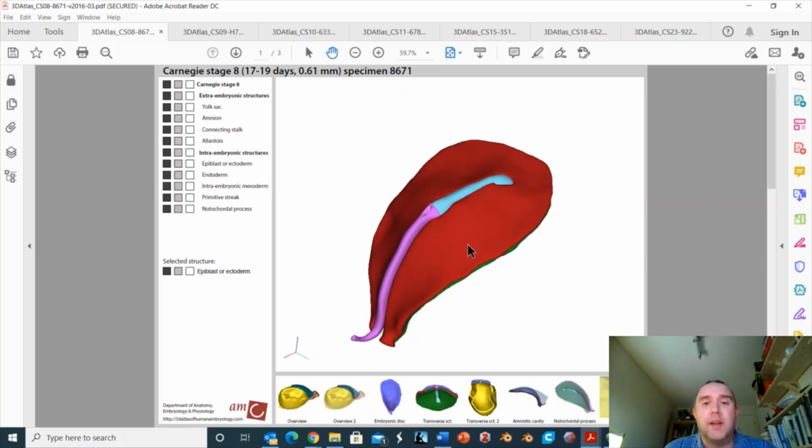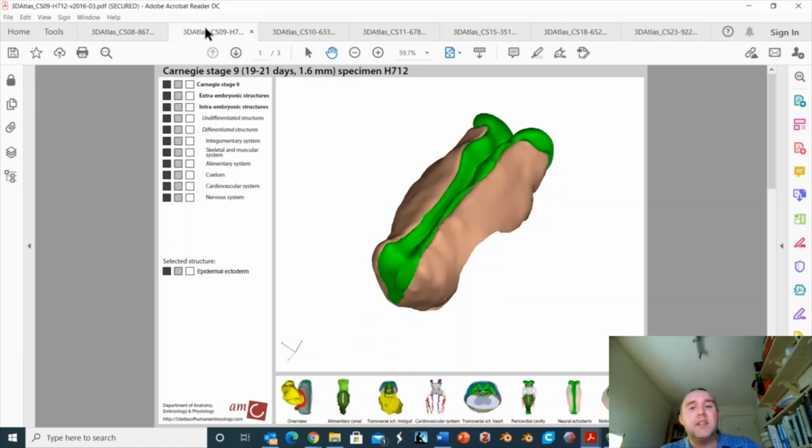So let's move on now a little bit. Let's move on to the next stage in the development, where we're looking at an embryo of approximately 20 days old, and now it's about 1.5 millimeters long. What we're looking at here is entirely ectoderm. In this pinkish colour here, we can see the ectoderm that's going to go on to form the skin.